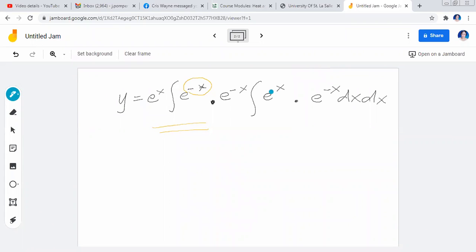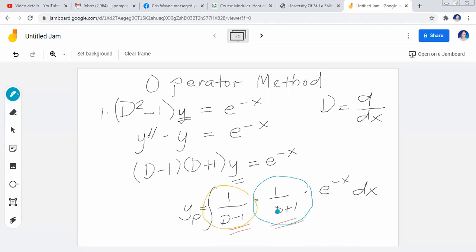So the argument of your second exponential function on your second integral is also positive. Since this is positive, the exponential function that should be written before it should be negative. So you see this one? It's positive x. This one is negative x. This one addresses the presence of this.